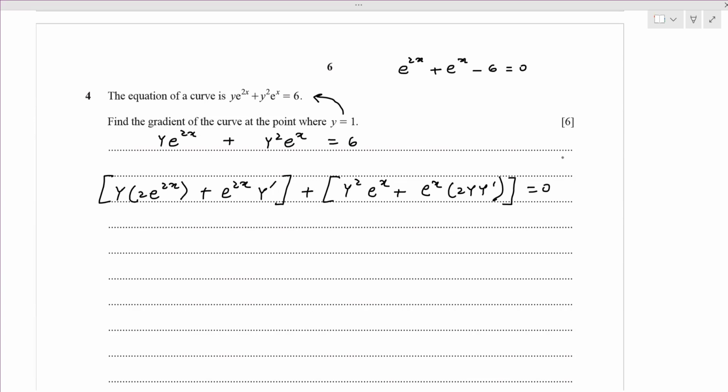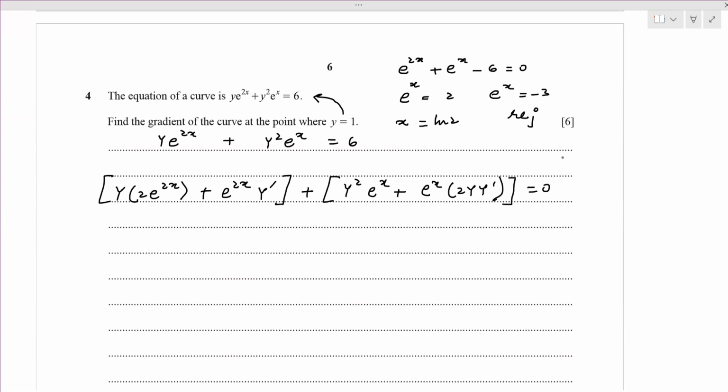So it's a quadratic equation in terms of e power x. With the help of a calculator, get the two values of e power x. The first value is 2 and the second value is minus 3. Reject this because a negative log is not possible. From this, x equals ln 2. Now we have to calculate the gradient when x is ln 2 and y is 1.